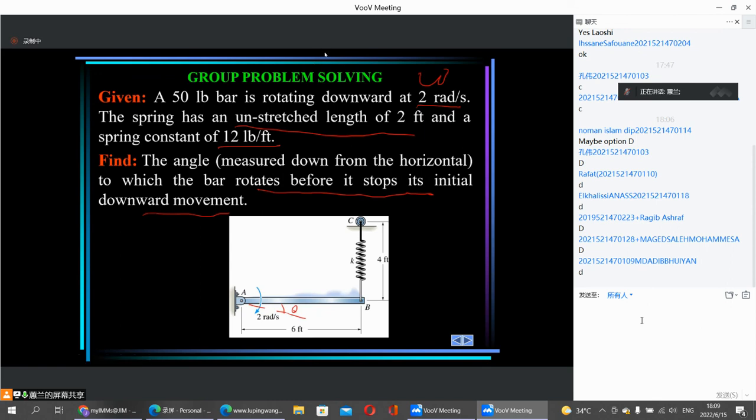You need to do it in two ways, okay? Do you get it? Apply conservation of energy and apply the principle of work and energy, and then submit online.